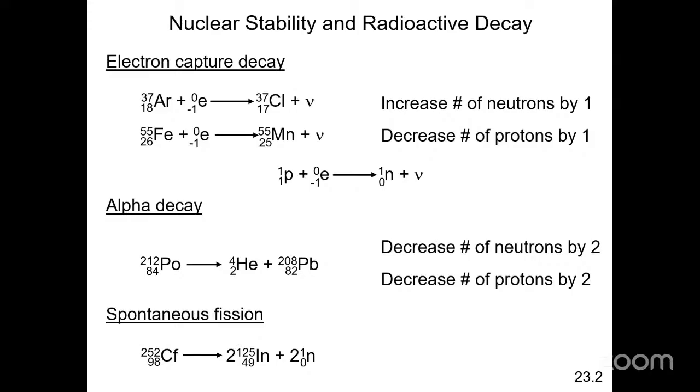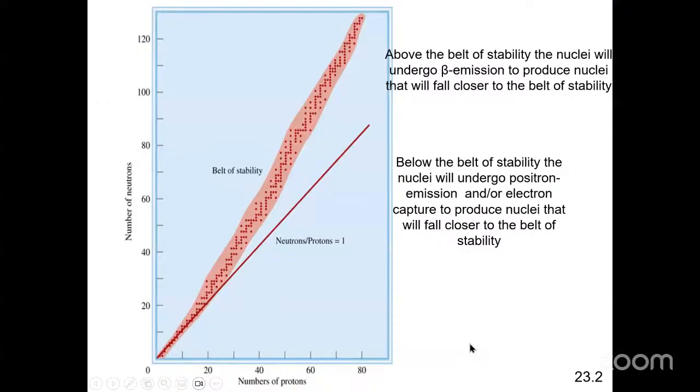So this begs the question, can we make some prediction as to which nuclei will undergo spontaneous decay? And how do we determine that? So people have been looking at that, and what they did was a plot on this graph of the number of neutrons versus the number of protons, right?